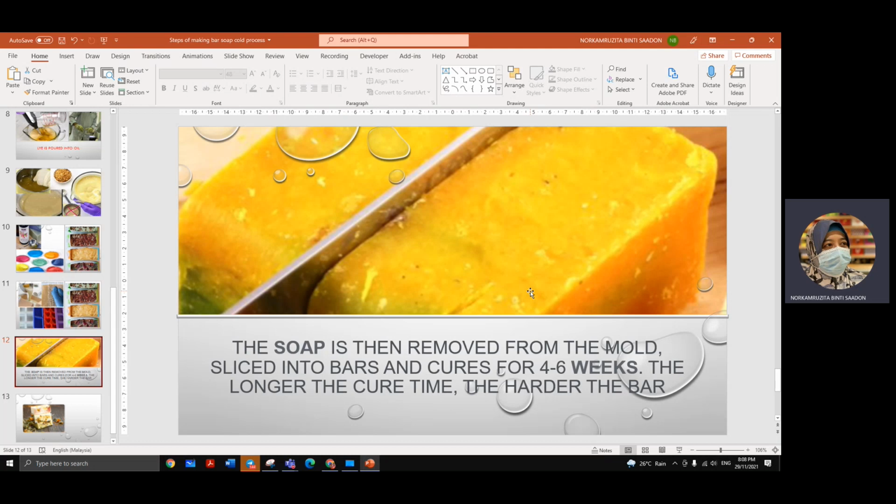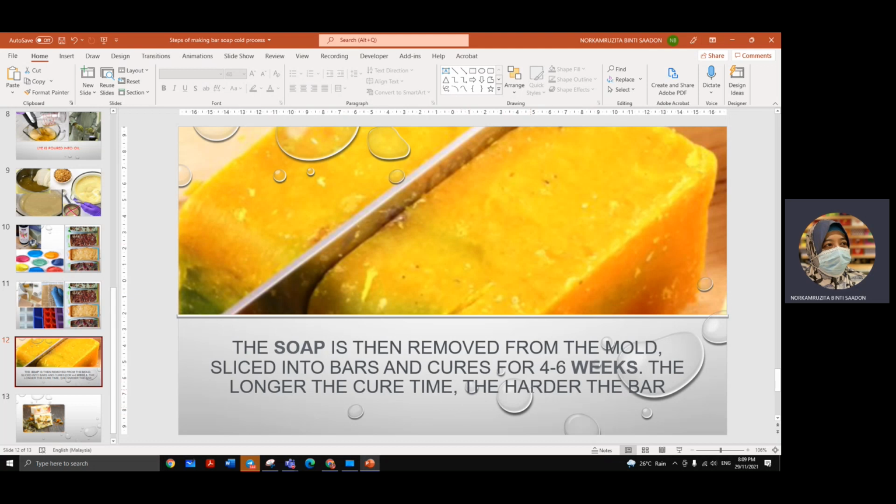After you cut, place it on a clean place. Make sure that you have airflow to dry the soap. Maybe you would like to cover it with something soft, but tissue is not really good. You have to put it on something like trays, and then leave it there.